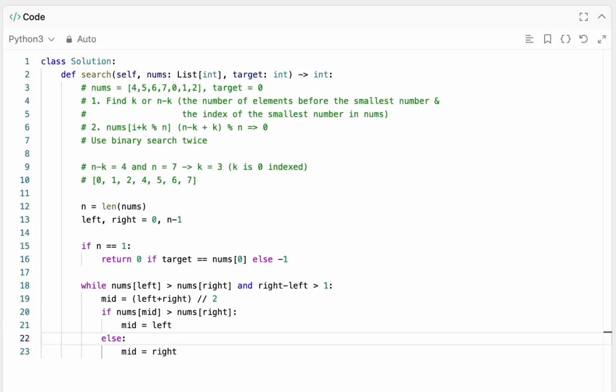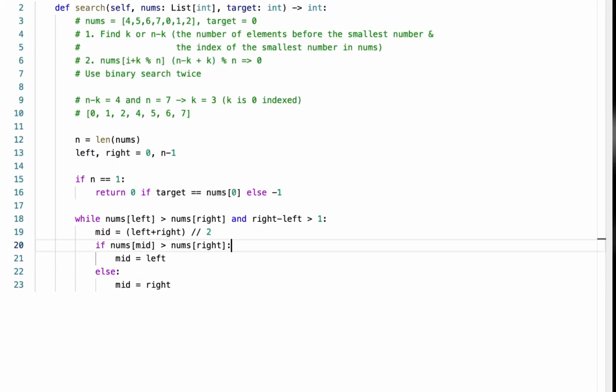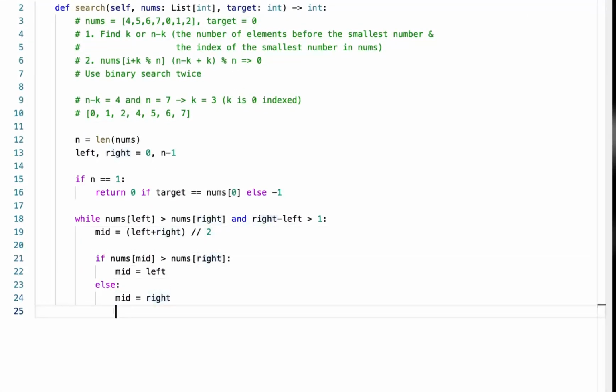So I start with right and left. And because right minus left is strictly superior to 1, mid is this. And if this, we get this.